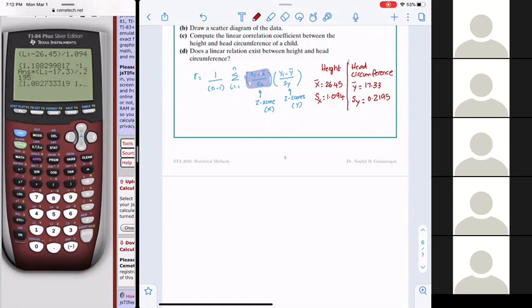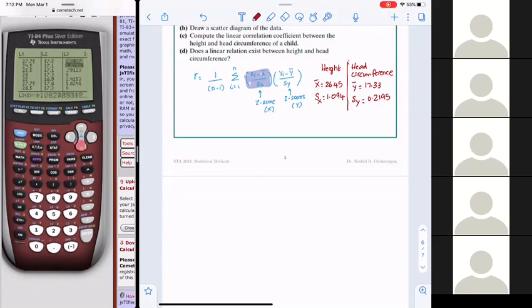So that is the answer that I get. And whatever answer that I have, I'm just going to go ahead and store it to list 3. If I go back, I can see those values in list 3.